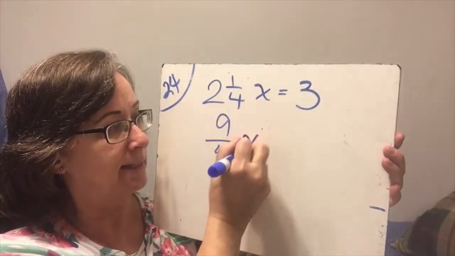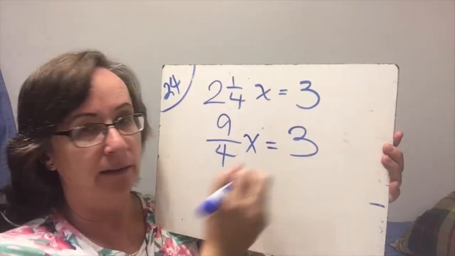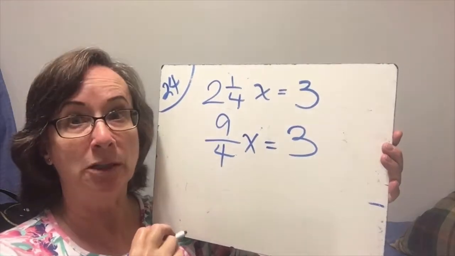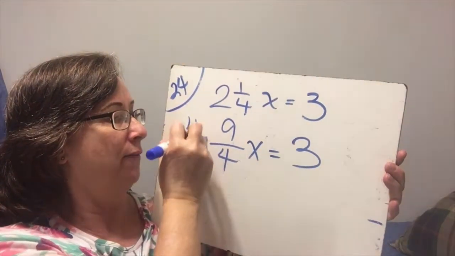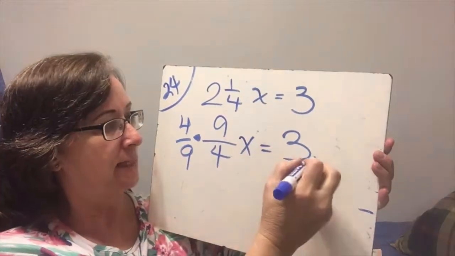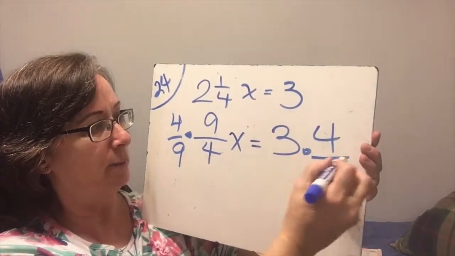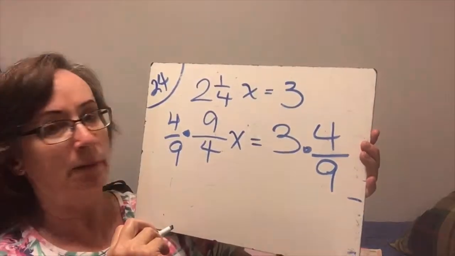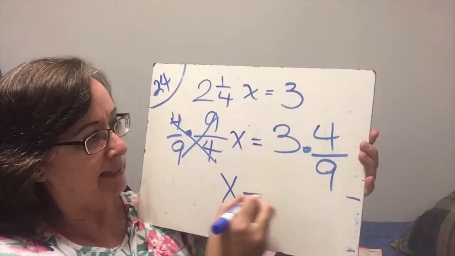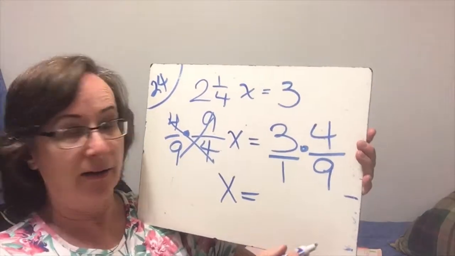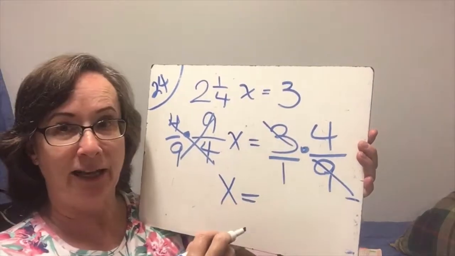9/4 x equals 3. So now I'm going to multiply by the reciprocal of the fraction that is tied to my x, but I'm going to do the same thing to both sides because that is my multiplication property of equality. This goes to 1. X is, now I've got a little bit of cancellation help.